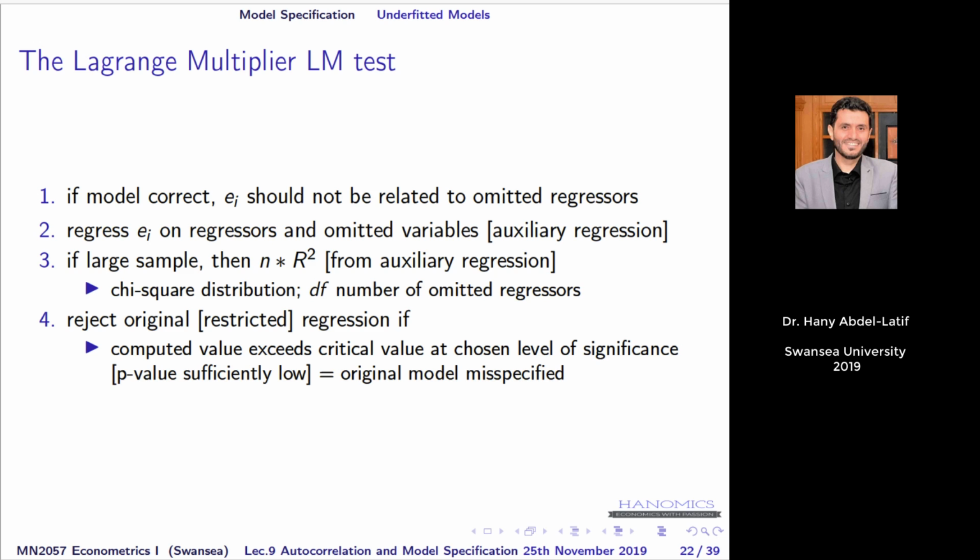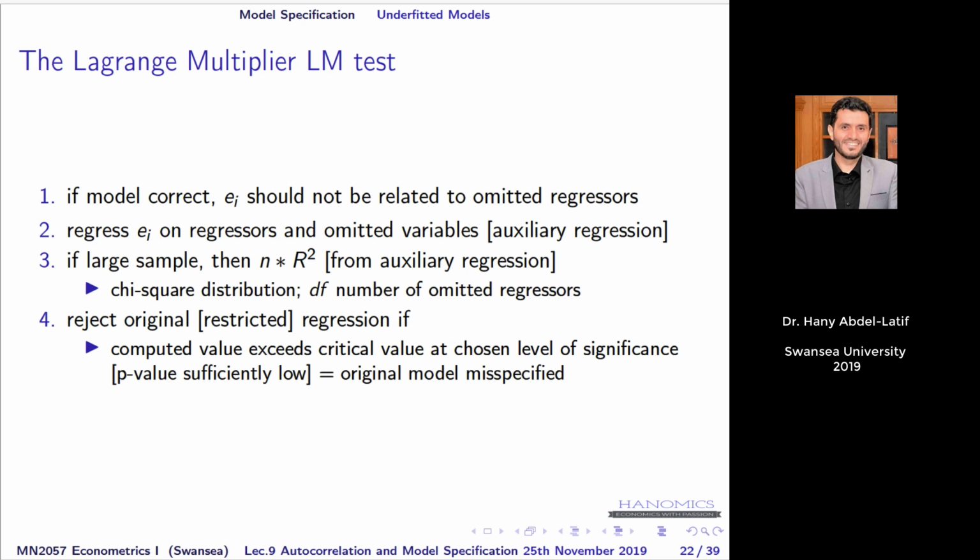There's another way you could do, which is very similar, which is called the Lagrange multiplier, or LM test. The idea here is very simple. If your model is correct, then your errors or your residuals shouldn't be related to any omitted regressors.